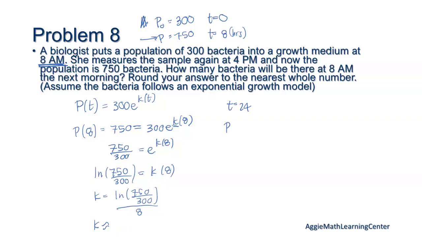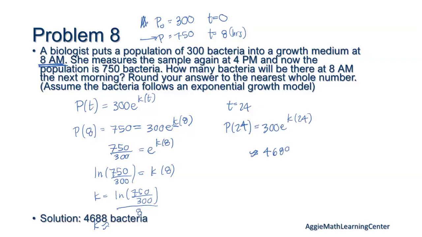So P of 24 is equal to something, but it's also equal to 300 e to the K times 24. Now I happen to know what K is equal to, so I can put that in my calculator, or I can use my decimal approximation and find that it comes out to be, when rounded, 4,688.